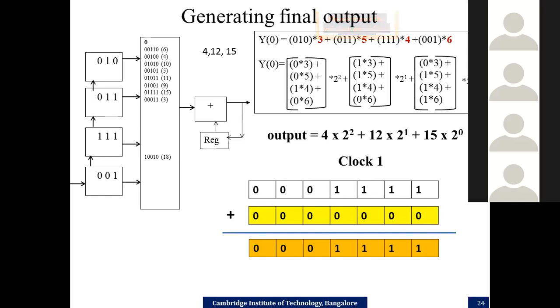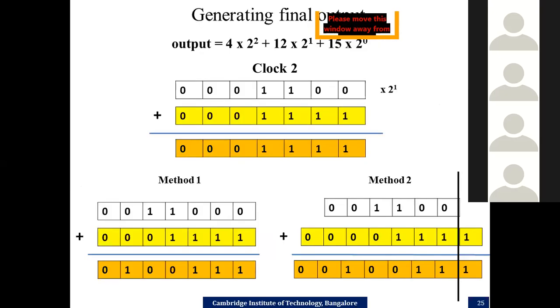So in the same clock cycle, you can perform the addition also. If you use method 1, you have to shift first, then add. But in method 2, the LUT content will be automatically added to the shifted register content, and that shift would have happened in the previous clock cycle. So you save 1 clock cycle, and that is what method 2 is all about.